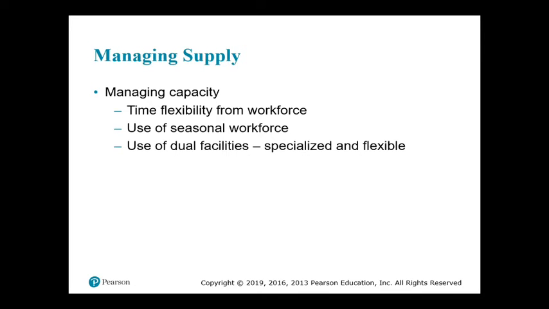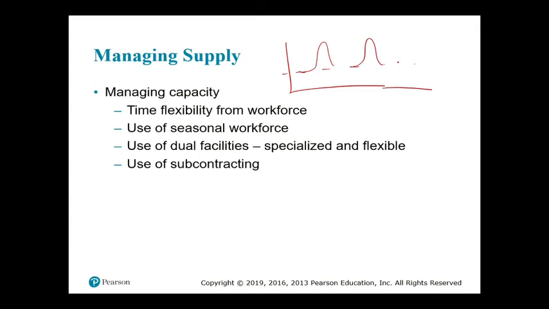So for instance, if a company sells products 1 through 10, each product may have its dedicated capacity. So let's say this is our base demand, but there are sometimes demand peaks, right? Managing capacity is basically how we deal with this extra peak demand.